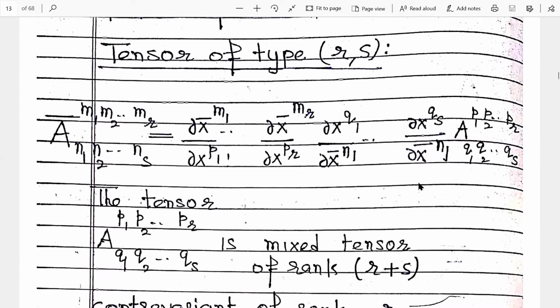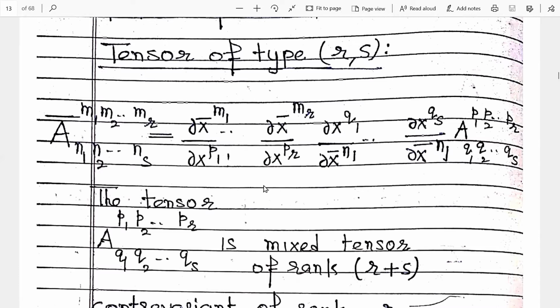Now, how can we write it? Just see the method. Now this is first a contravariant, so this is bar, and its variable is on the upper side. For example, curly x bar m1, and so on up to curly x bar mr. So this is in the upper part. Its contravariant variable will be at the lower part. So it will become curly x p1 and so on up to curly x pr.